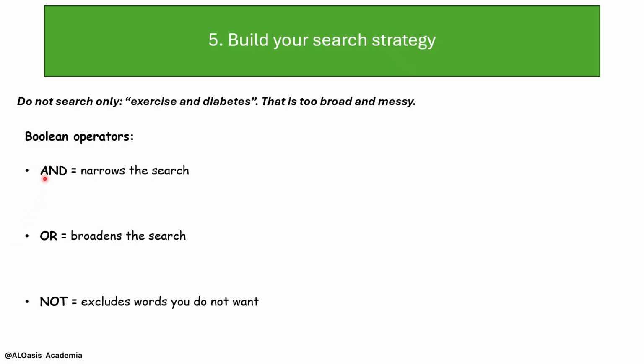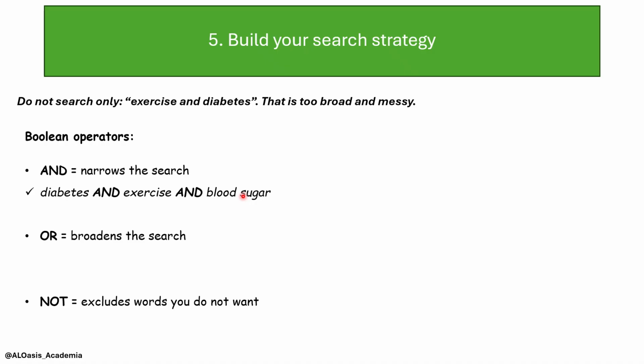When you use the word and, it means you want to narrow down the search. What does that mean? In the search bar in Google Scholar or in other databases, you would write diabetes and exercise and blood sugar. This means that the database will bring to you all the papers that have mentioned diabetes and exercise and blood sugar.